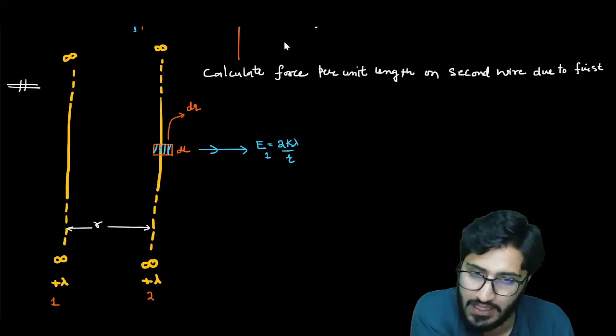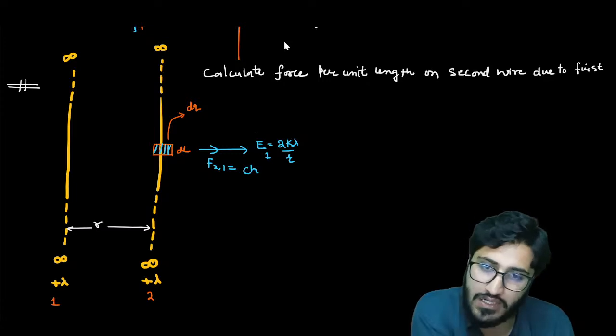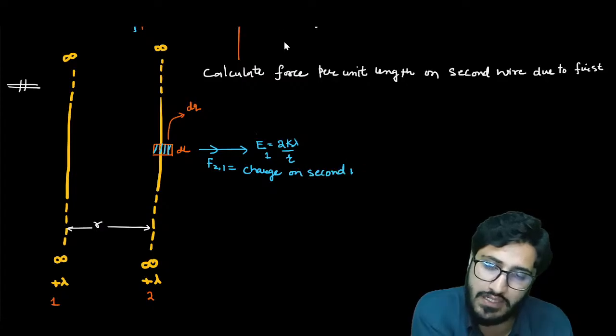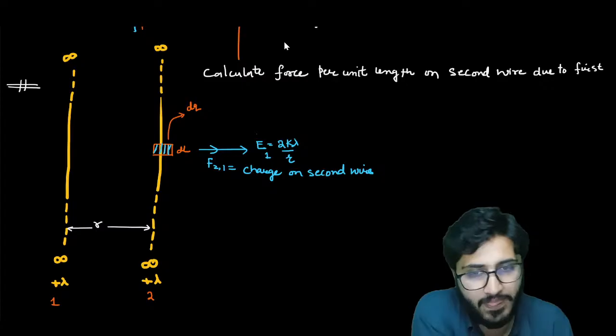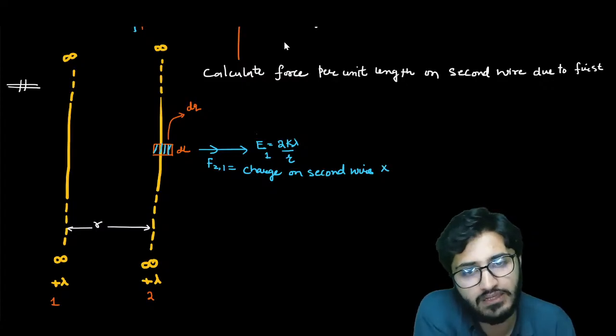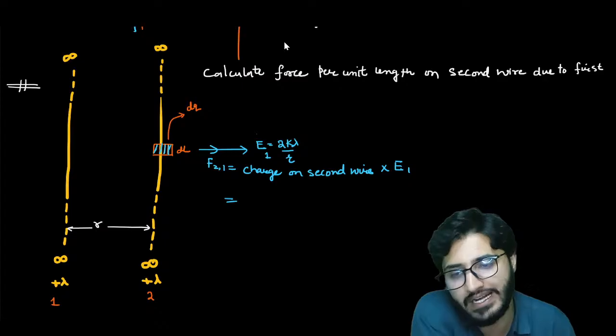So I can write the force on the second wire due to the first wire is equal to the charge on the second wire multiplied by the electric field due to the first wire. What is the charge on the second wire? We don't know yet.